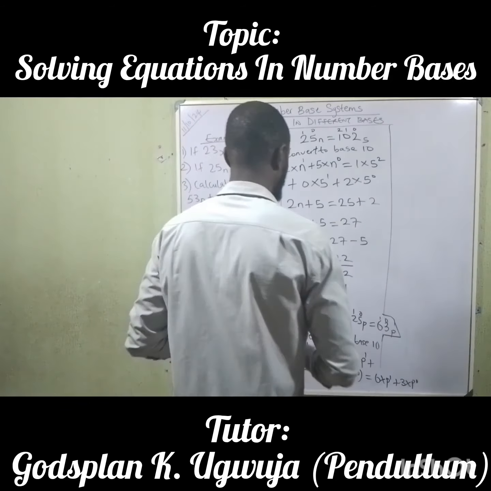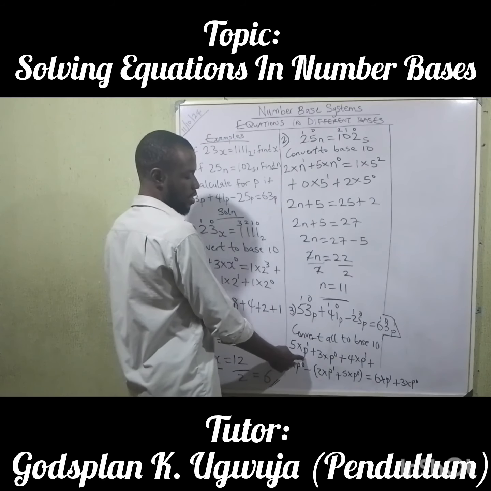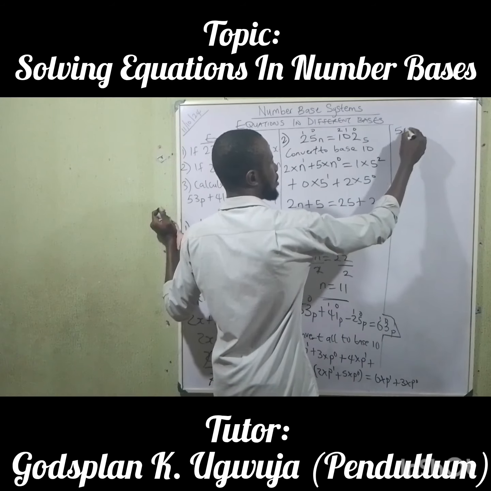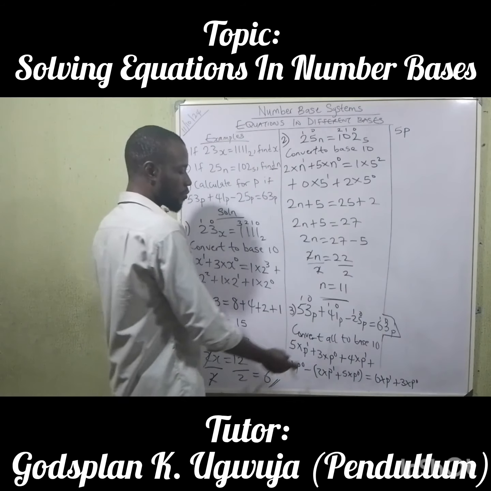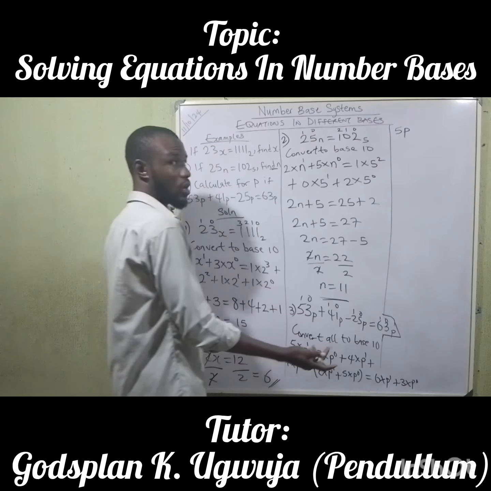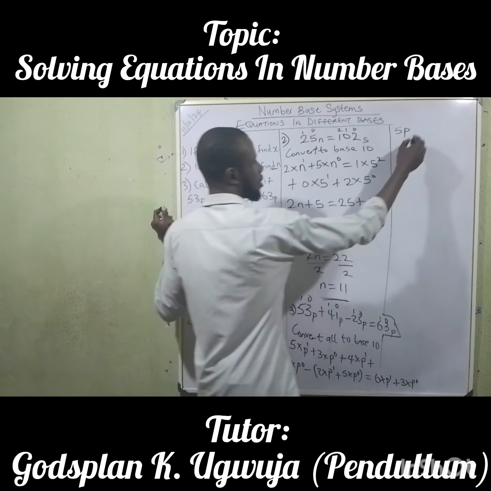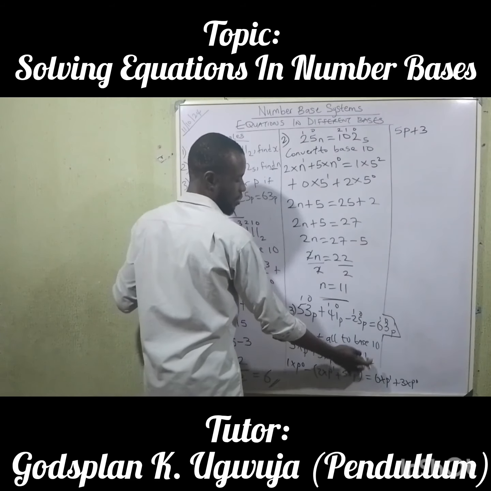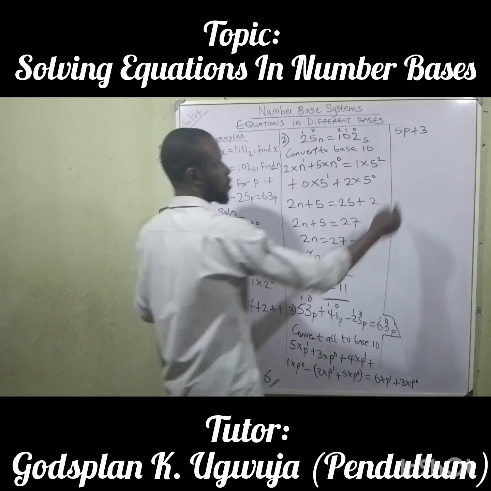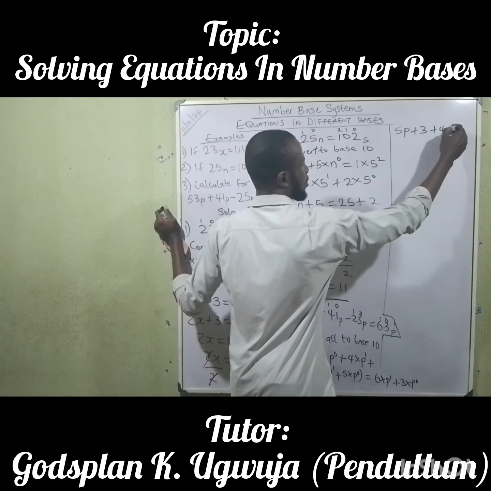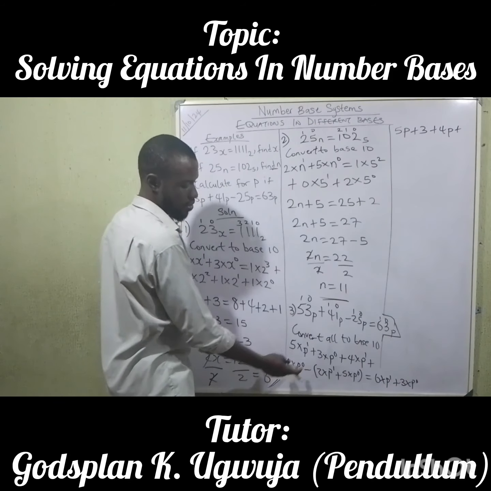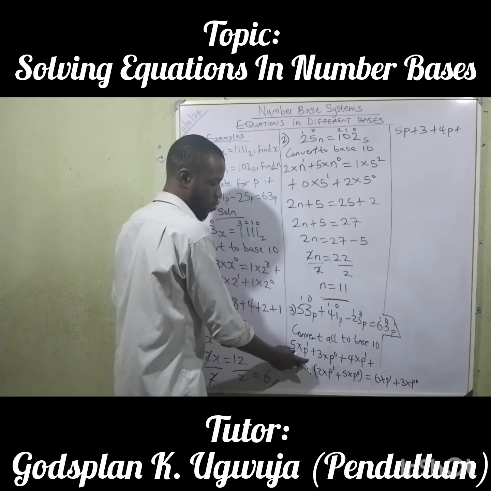So let's go on. Now, p raised to the power 1 is p. P times 5 is 5p. P raised to the power 0 is 1. 1 times 3, 3. Now, this is p raised to the power 1, p times 4, 4p. P raised to the power 0 is 1.